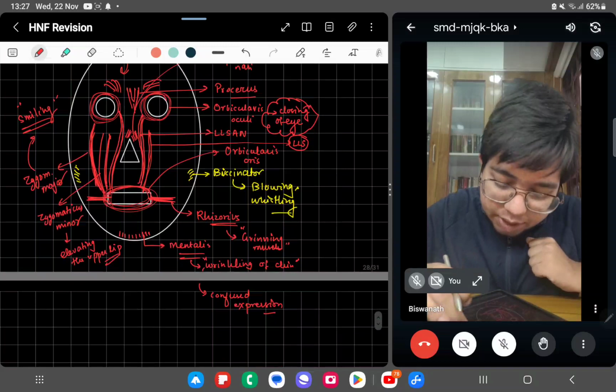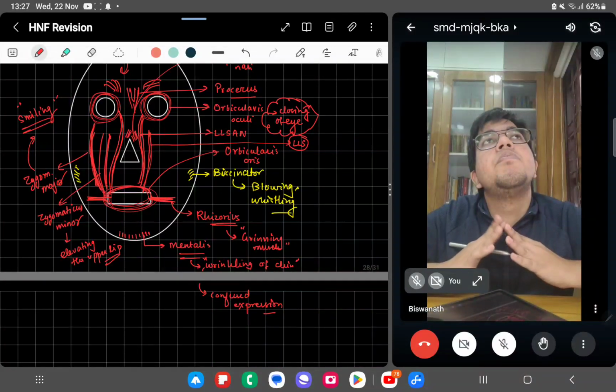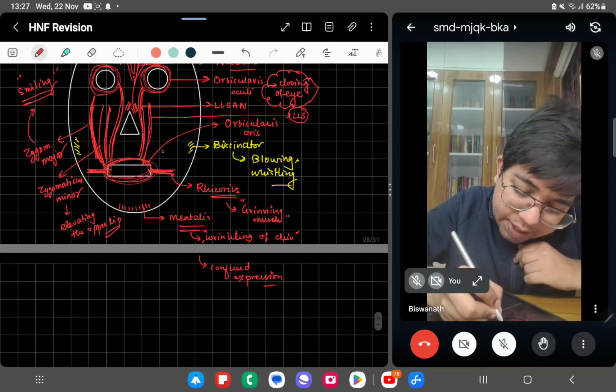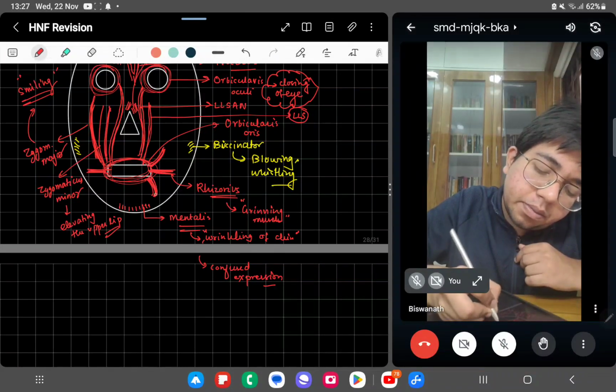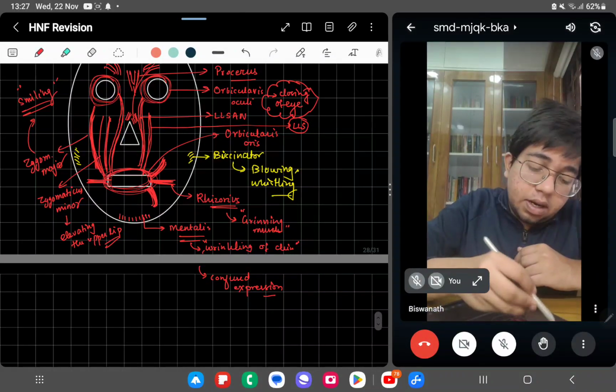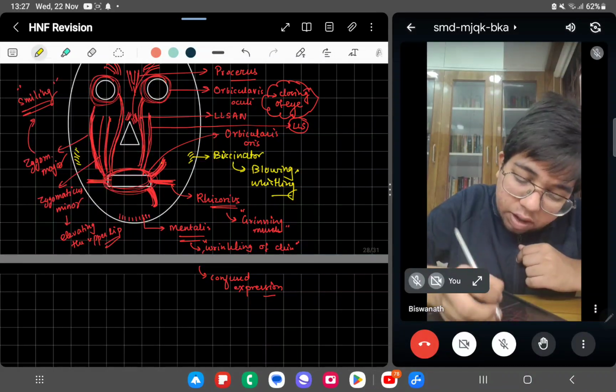Then what other muscle do you have? For example, you have a muscle present here and a muscle present here. This muscle, let me mark with some other color or else you'll be confused.